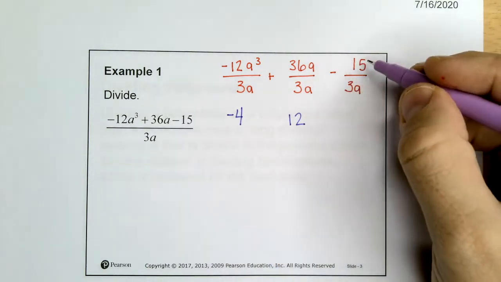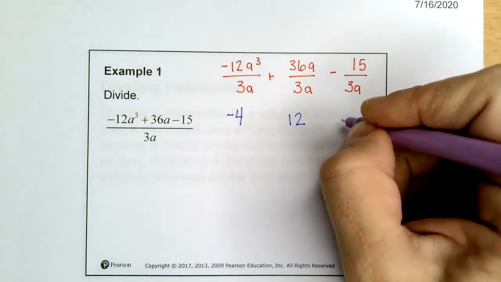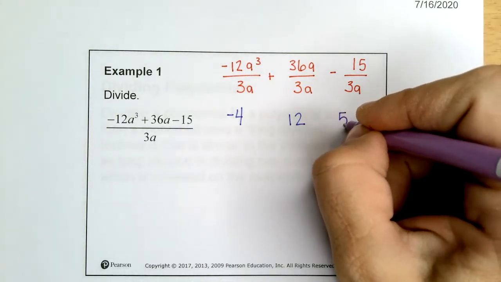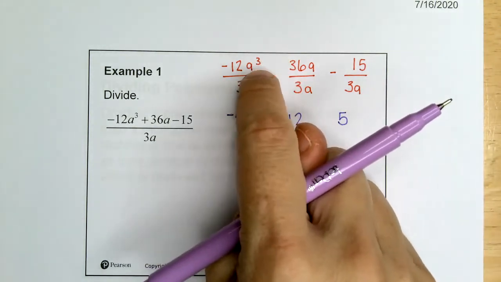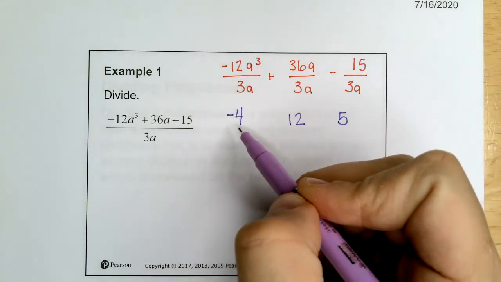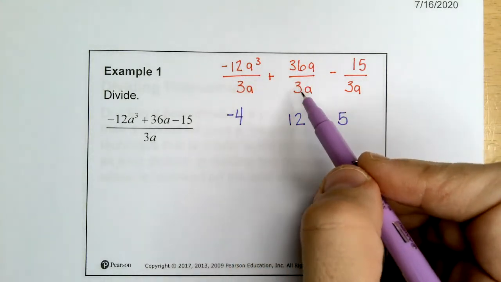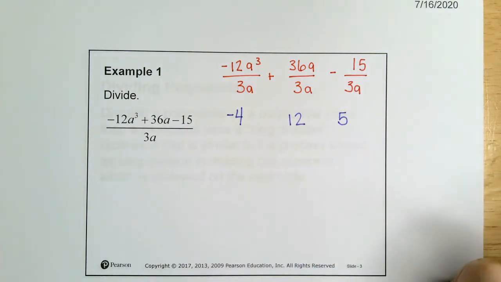And 3 goes into a negative 15, negative 5. Good. So now, negative 12 divided by 3 just becomes negative 4. 36 divided by 3 becomes 12, and negative 15 divided by 3 becomes negative 5, right?